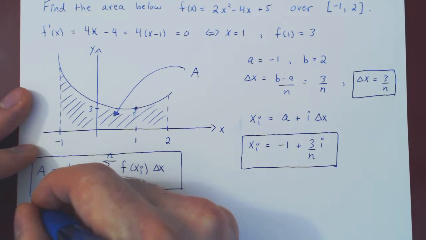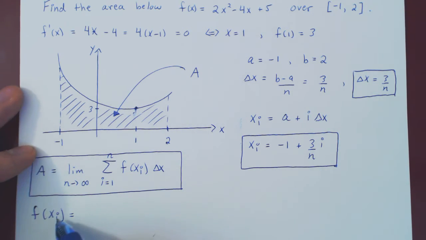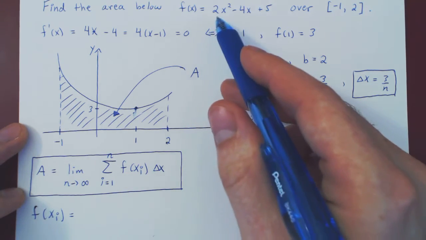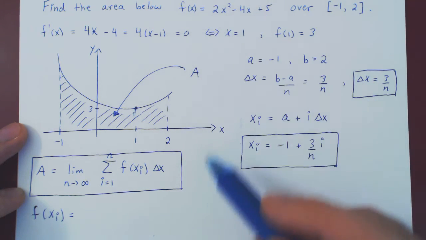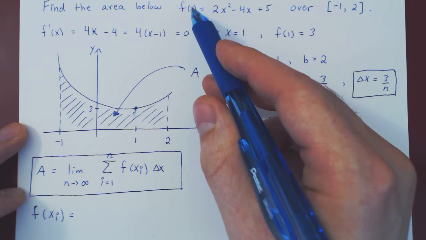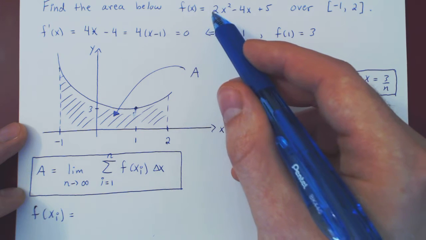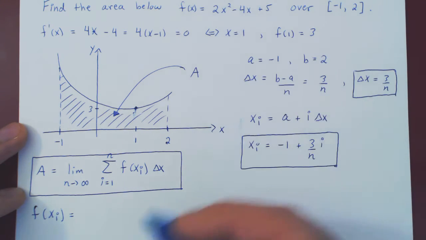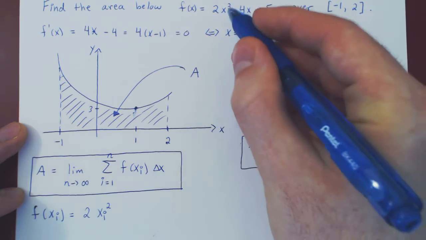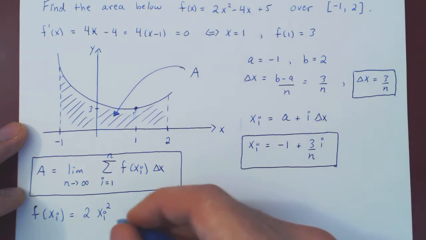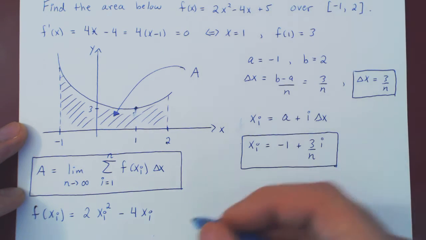Alright, so this is a simple substitution. f of x is 2 times x squared minus 4x plus 5 for any x. Now we are simply replacing x by xi. So f of xi will be 2 times xi squared minus 4 times xi plus 5.